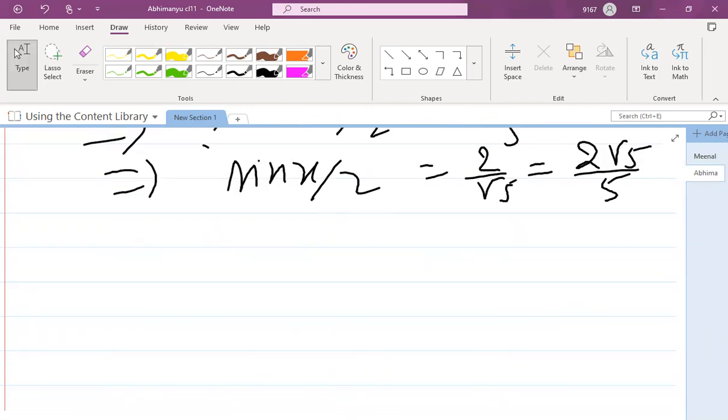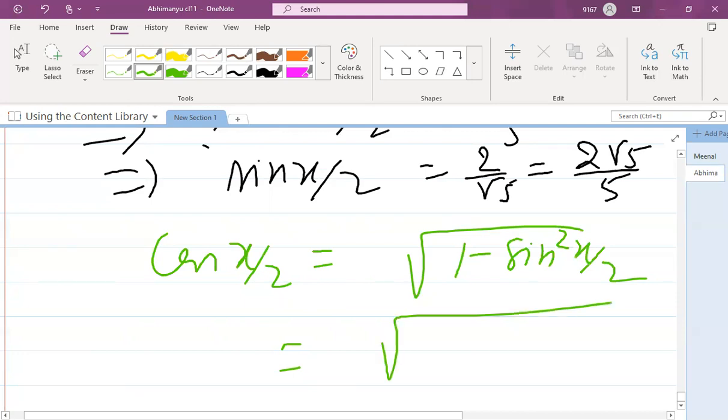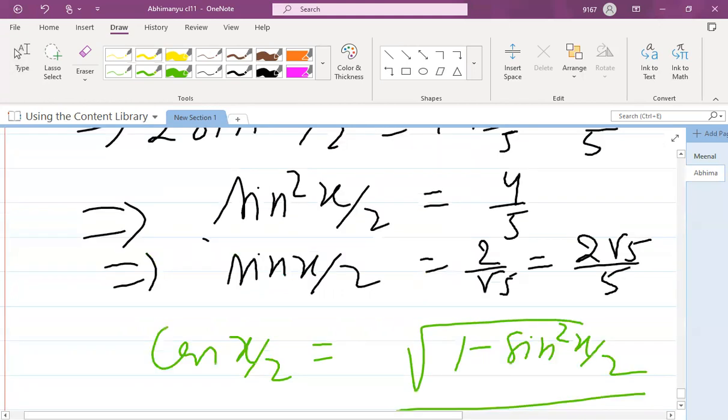Now again we have cos x by 2 equals to root over 1 minus sine square x by 2. So this is root over 1 minus, sine square x by 2 is 4 by 5 actually.